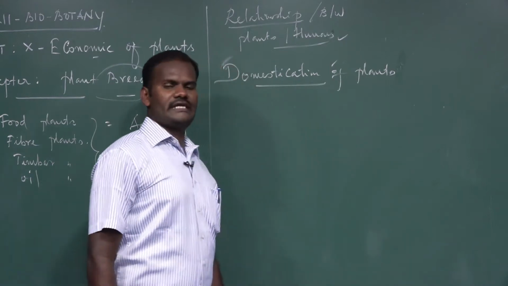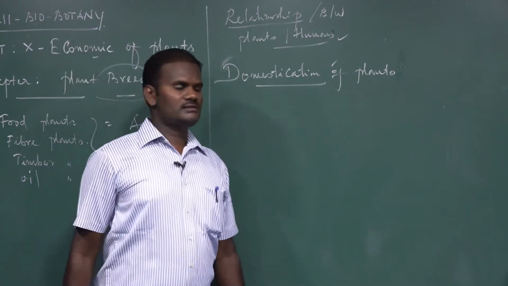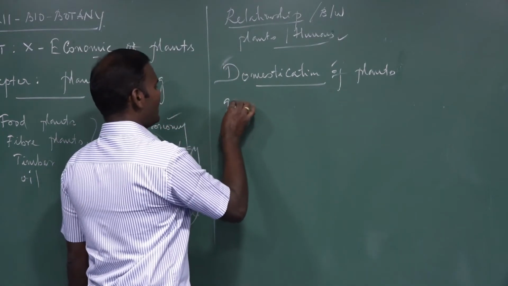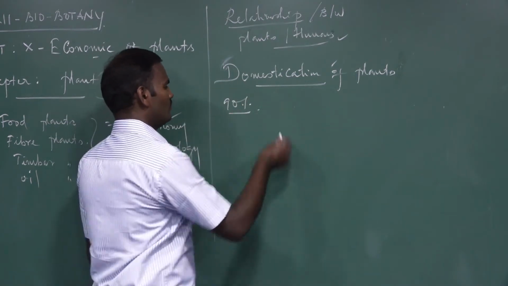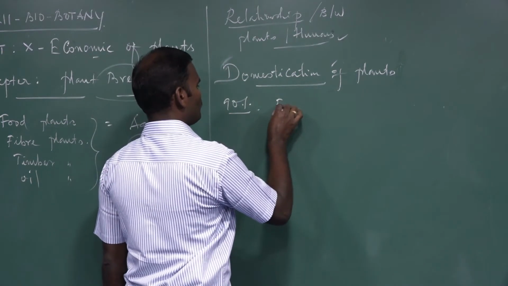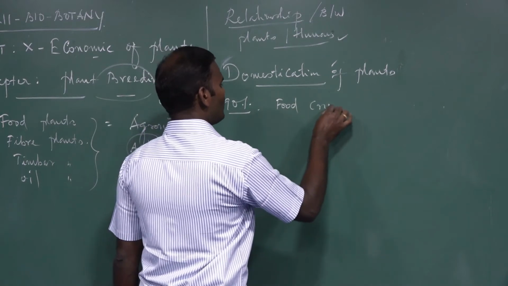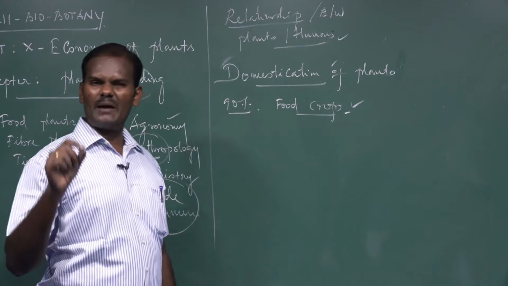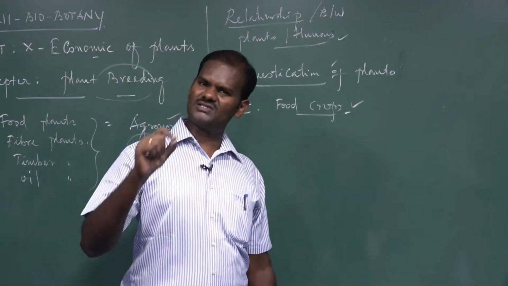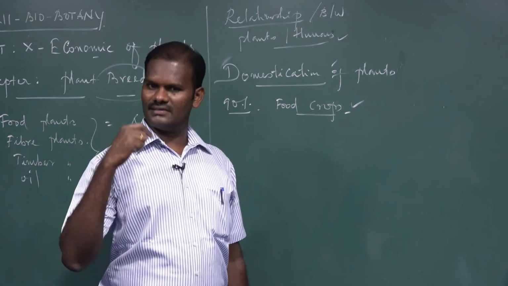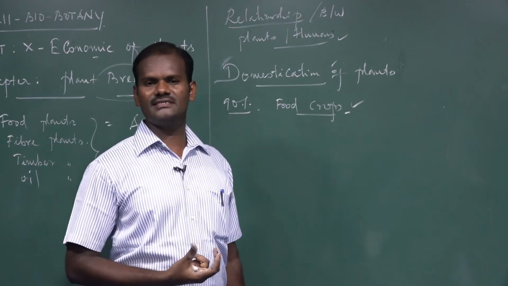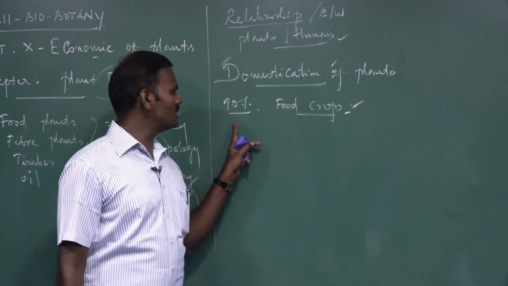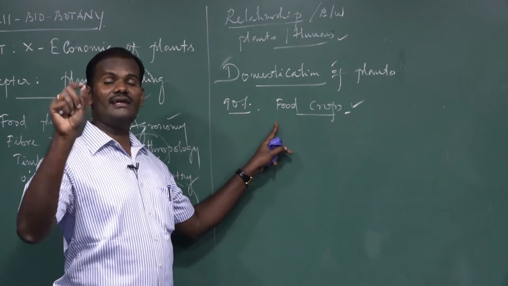What do you mean by domestication? See, nearly 90% of food crops are obtained from wild sources. Because of improper cultivation and improper soil management, there is water scarcity. 90% of food crops exist in the wild sources.